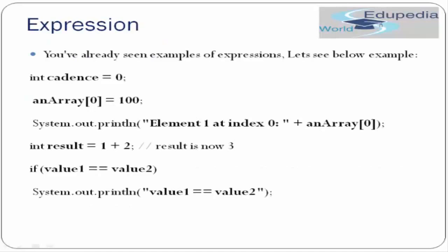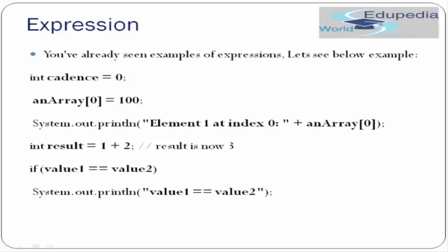So an expression, you must have already seen expressions. We have coded many examples in previous tutorials and you must have already used some expressions. Below are some examples, like int cadence equals 0. Then there's an array and we are initializing the 0th index to 100. This is also an expression.